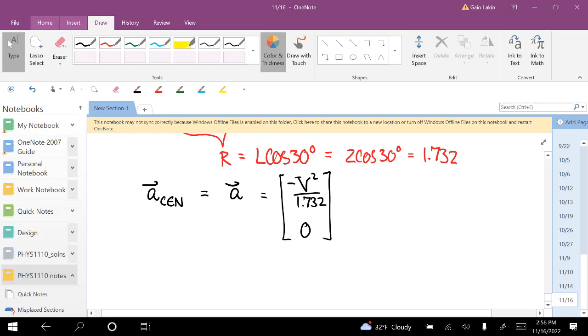We don't know v yet. We can't find it without using Newton's second law. So now we're going to go to the free body diagram and Newton's second law.